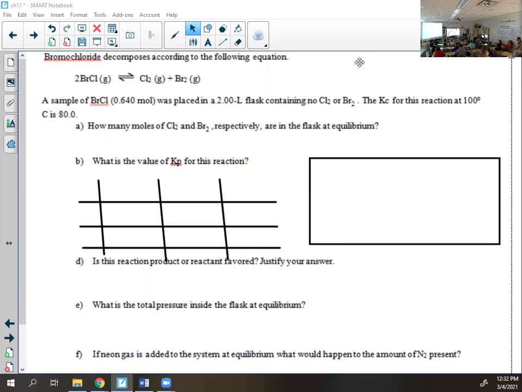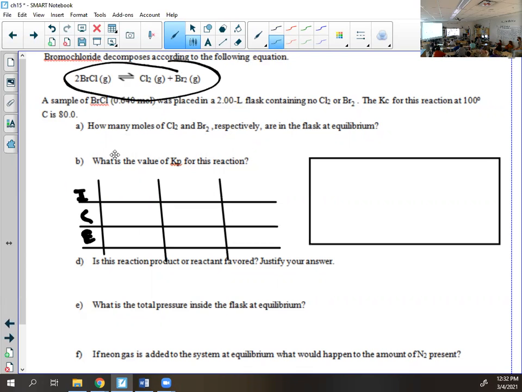Okay. So this is an ICE table. I'm just going to do it right here because there's not room under here. ICE. And I have this equation, which is 2BrCl, Cl2 and Br2. Good so far? All right, here we go.